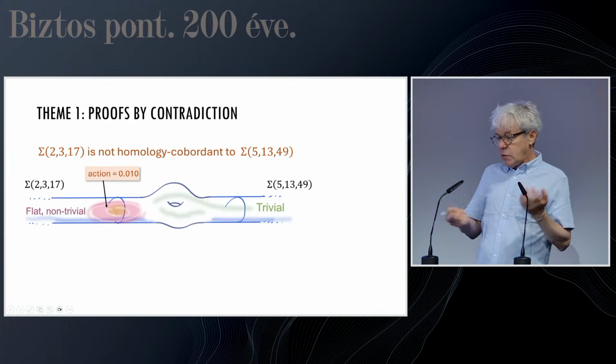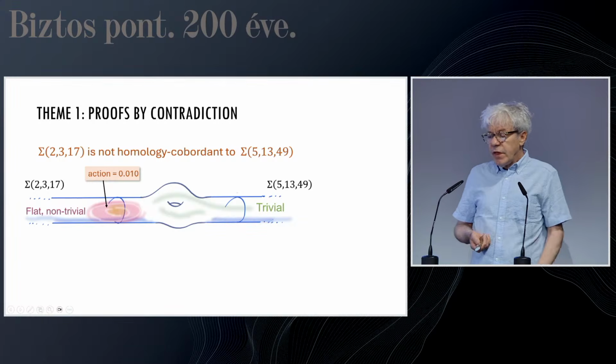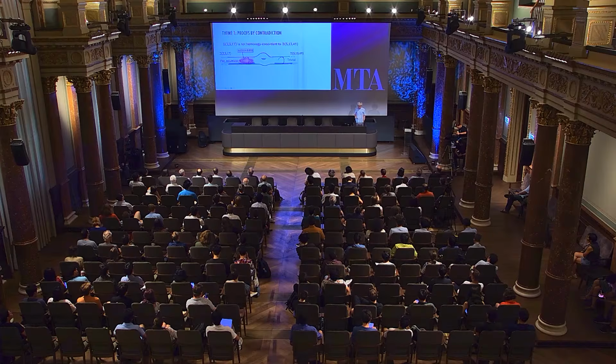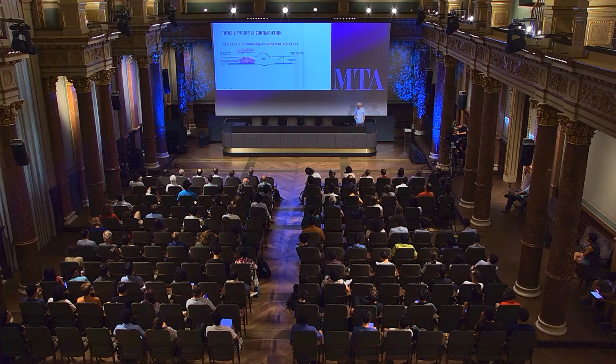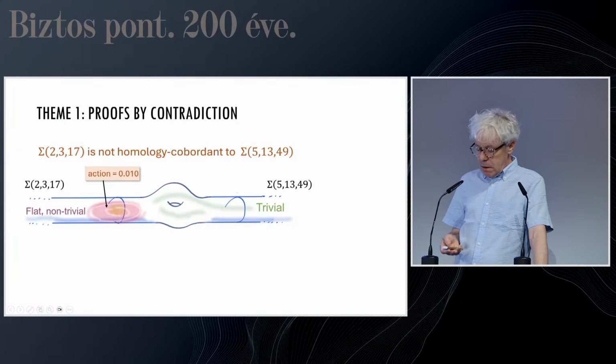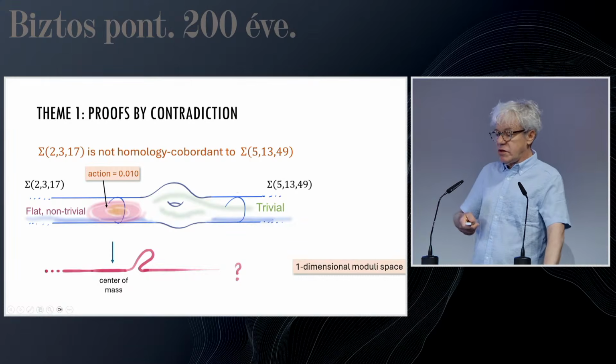And using techniques which you can think of as cousins of Taubes's gluing theorem, the existence of the solution on Σ(2,3,17) means that we can construct a solution which is flat and non-trivial at this end, starts to become trivial at this end, and stays pretty much trivial all the way along. But there should be at least a one-parameter family of these, because where that curvature heat map has its center of mass can slide off to the left.